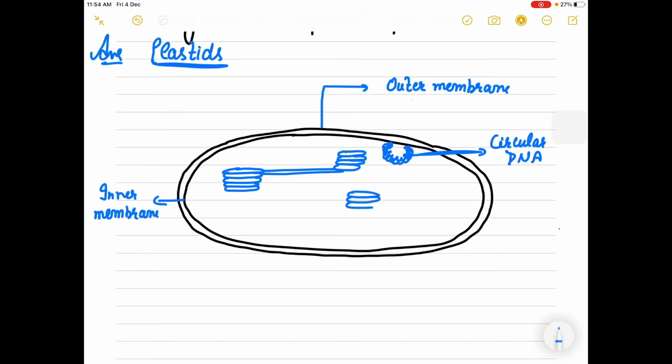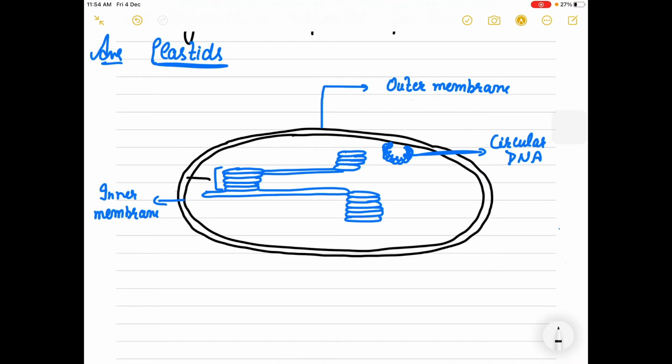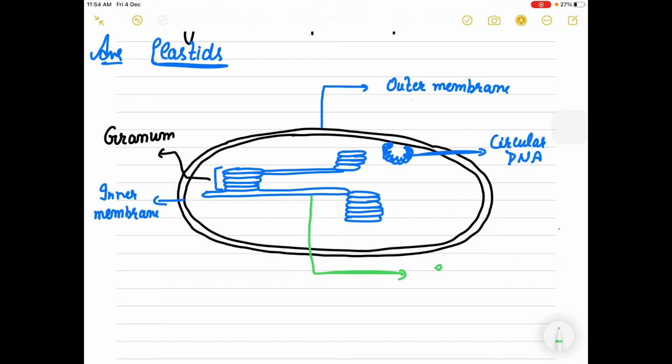This one complete pile, stack, this one complete structure is known as granum, and granum is attached to other granum with the help of stromal lamellae. This is known as stromal lamellae.